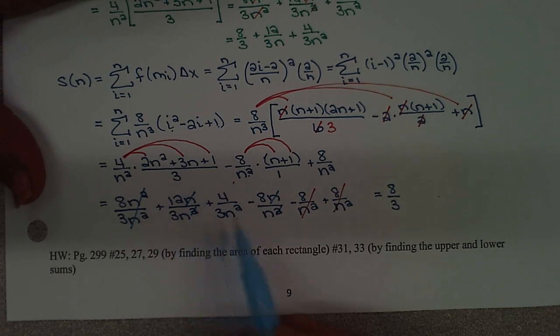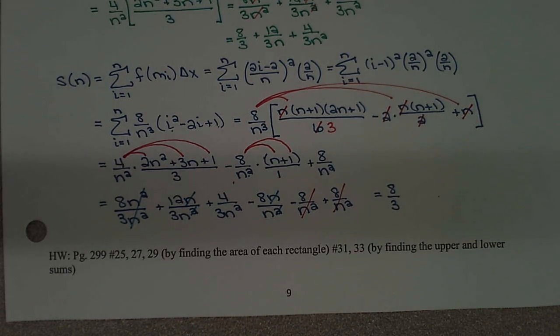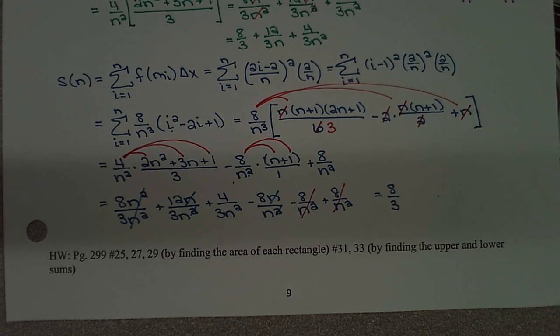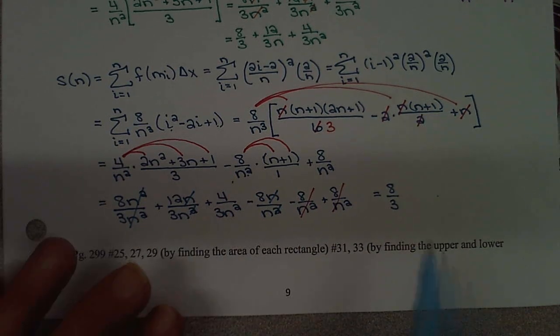So 12 over 3n minus 8 over n is, when we find common denominators, actually going to give me a, let's see. Actually, let me grab my calculator real quick, make sure I didn't mess something up. Okay, number crunching here with our common denominators.